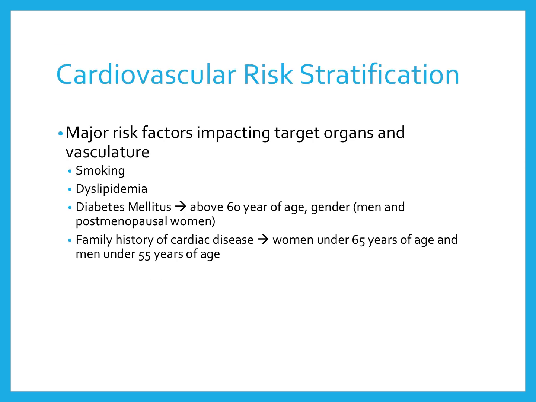Things that impact organs with hypertension: smoking causes hypertension, high lipids in the blood cause hypertension, and diabetes can play a role in creating hypertension, especially if they're above age 60, a man or a postmenopausal woman, have a family history of cardiac disease, women under 65, and then men over 55 who have a family history are at risk for hypertension.